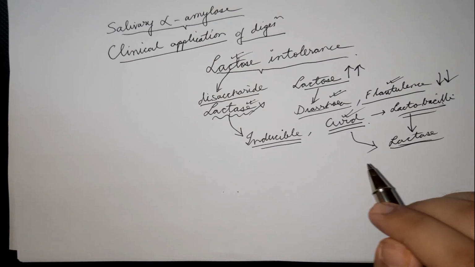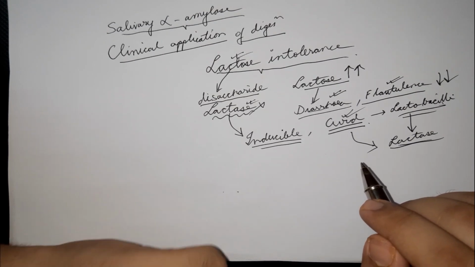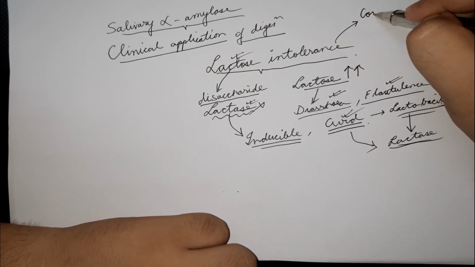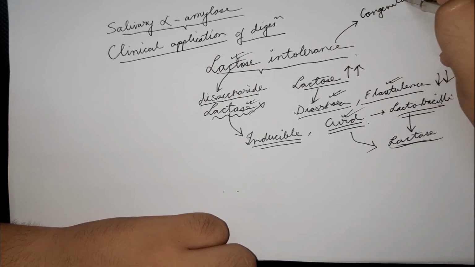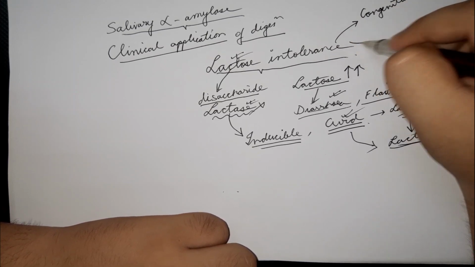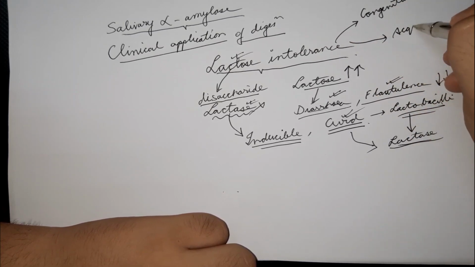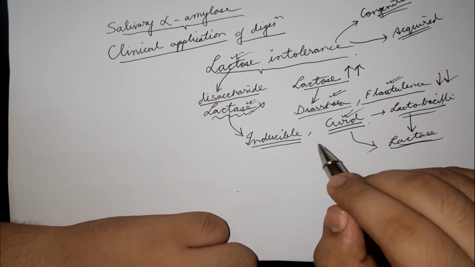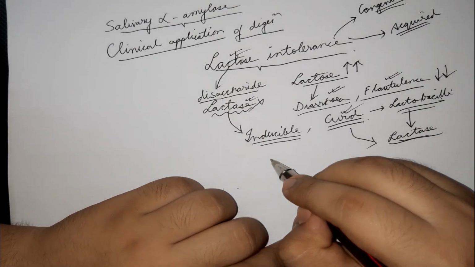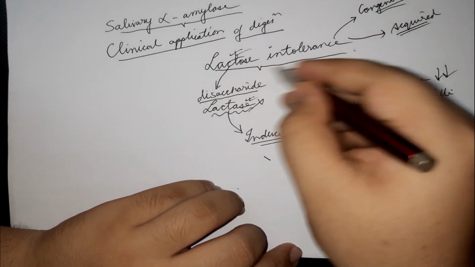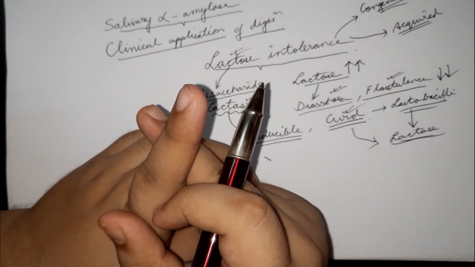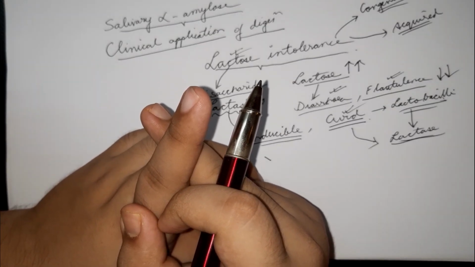And by the way, the cause for lactose intolerance can be congenital, so present from birth, or it may also be acquired. Right? So that's just a small thing to remember. Okay. And another thing is that in the treatment of lactose intolerance, I said that A, withdraw any kind of lactose source from diet.